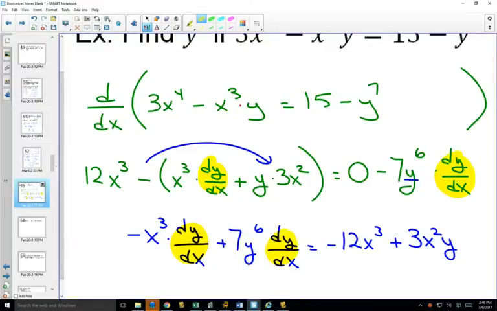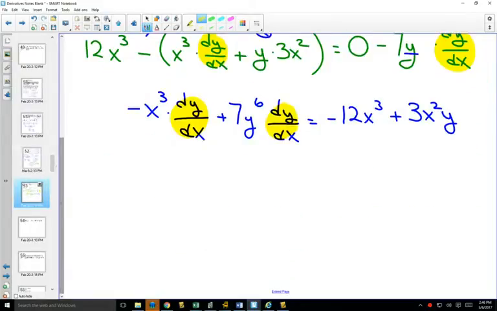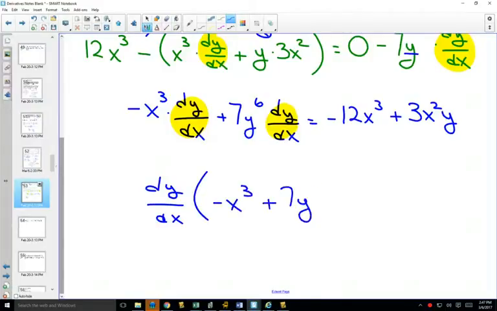And now that I've done that, if I want to get that dy/dx by itself, factor it out. Factor out the dy/dx. Leaving you with a negative x cubed plus 7y to the 6.